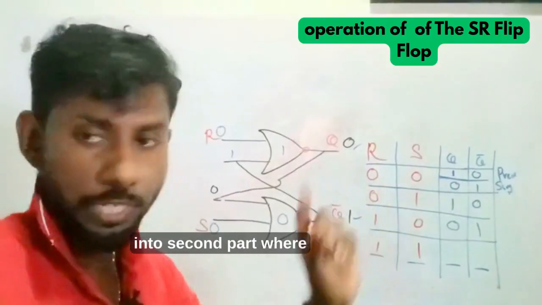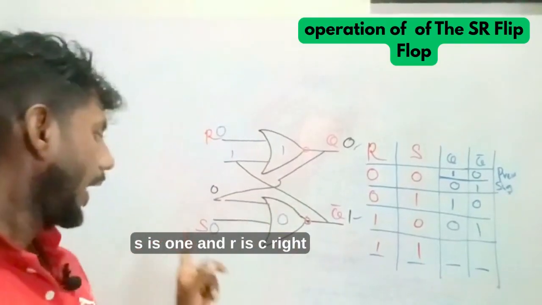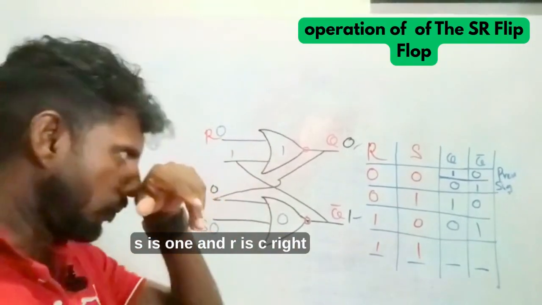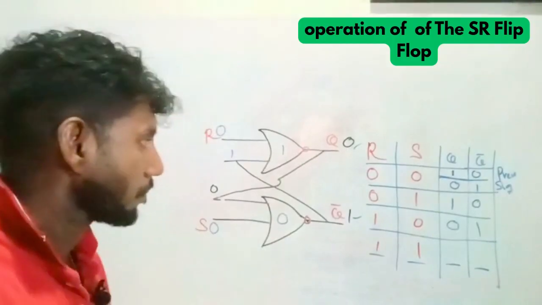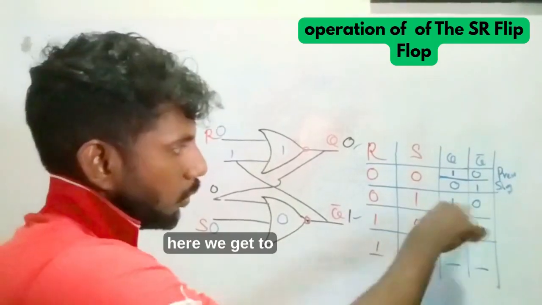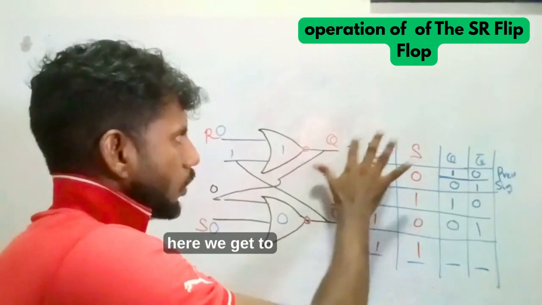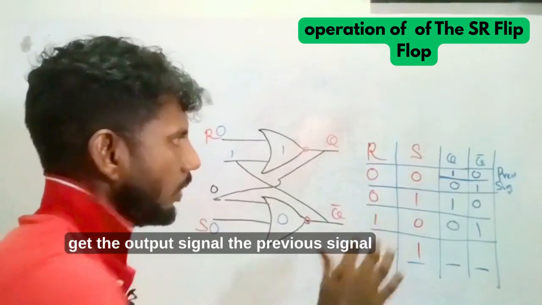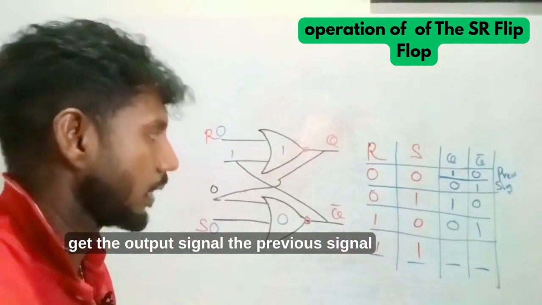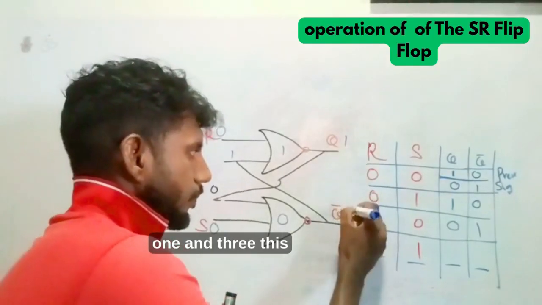Moving into the second part, where S is 1 and R is 0. Here let's assume the output signal, the previous signal, is 1 and 0.